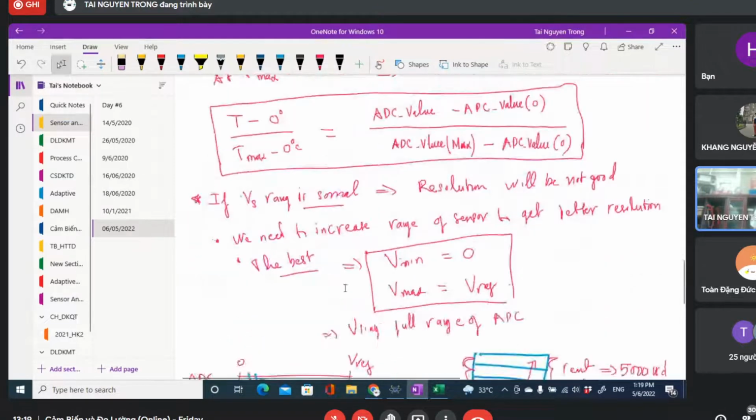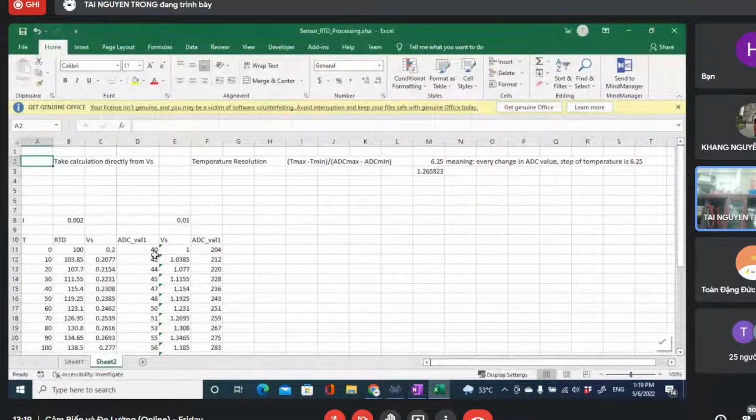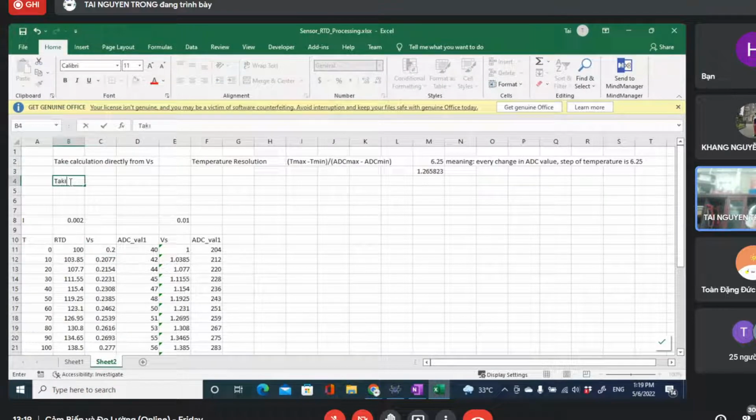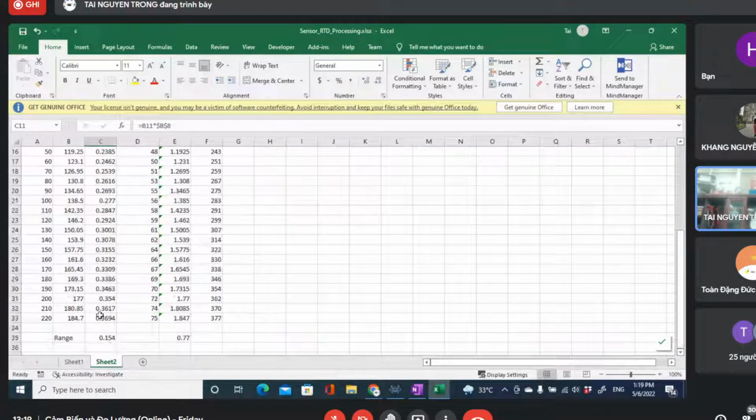Next is the amplifier. In this case, we have a request. First, we test amplifiers. It means that we amplify the request to the maximum value of 5 volt.